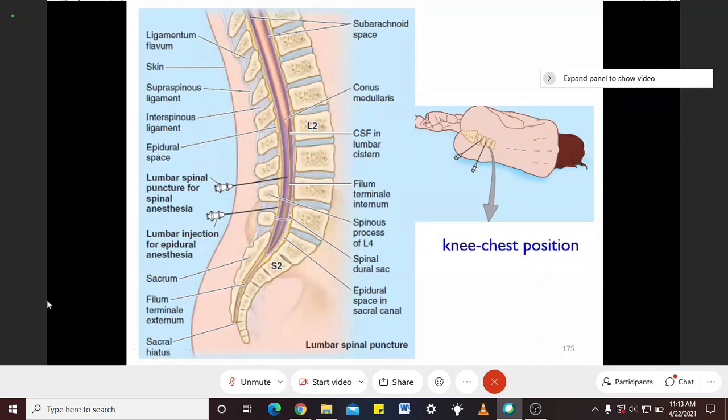Okay. I think this is the end slide. This lumbar puncture takes place between L3 and L4 and L4 and L5, and sometimes it may occur at L5 and S1.